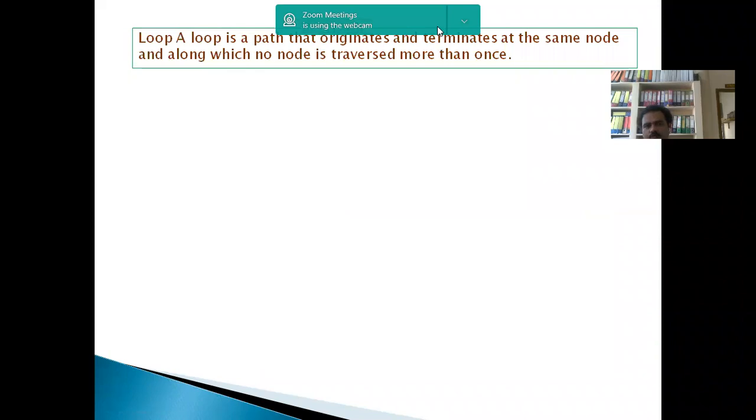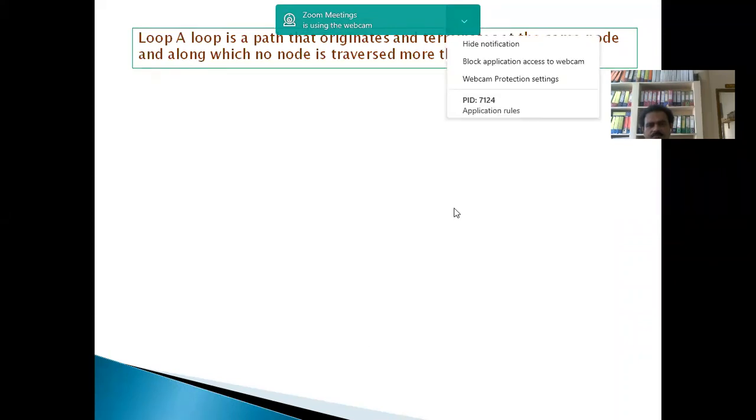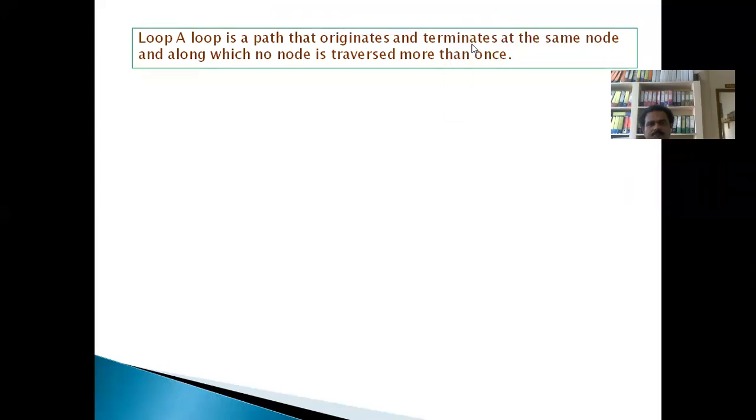Next, coming to loop. Here we have to remember that a loop is a path that originates and terminates at the same node and along which no node is traversed more than once.